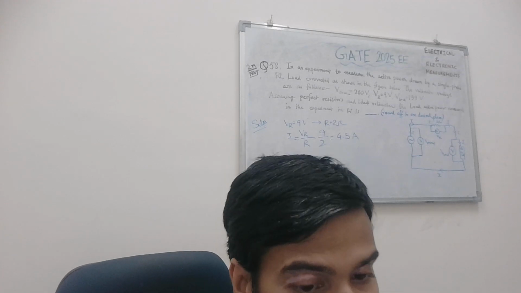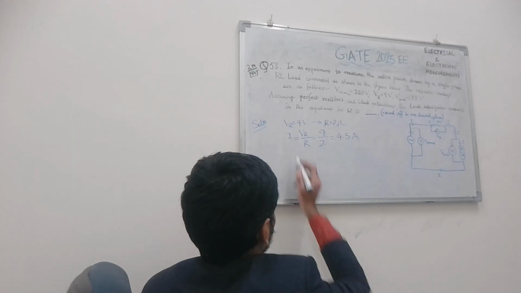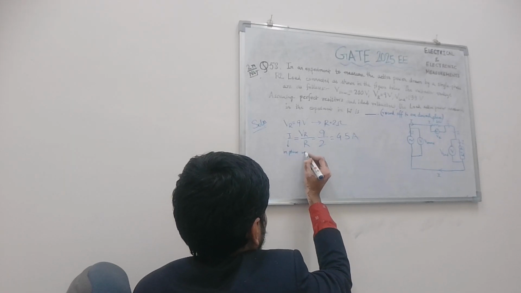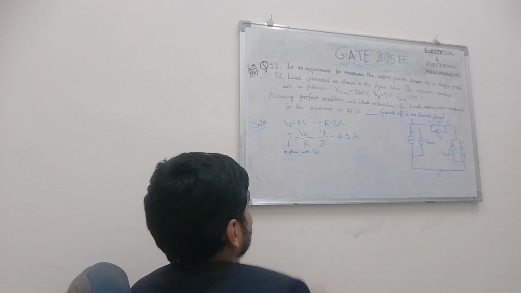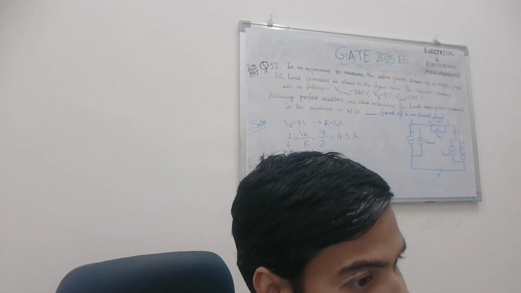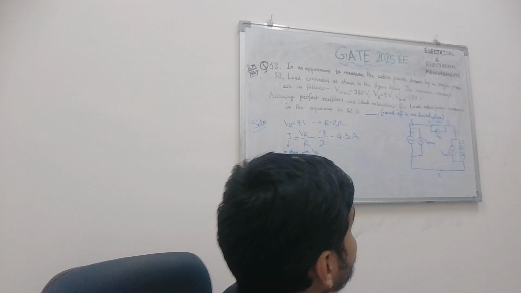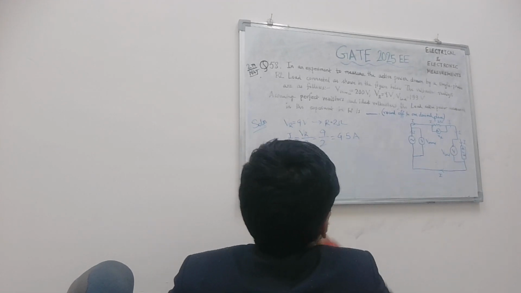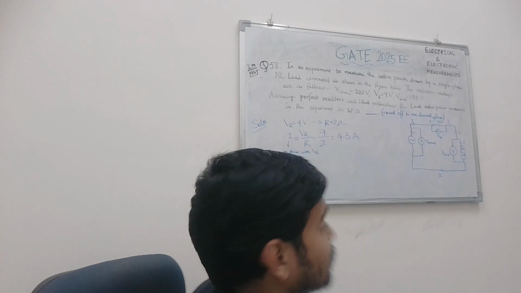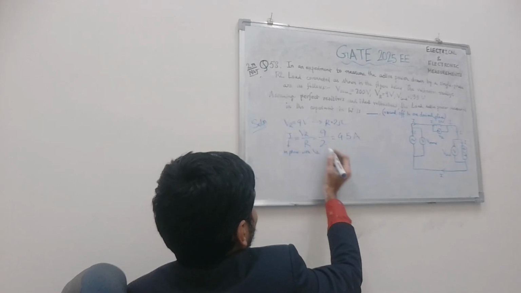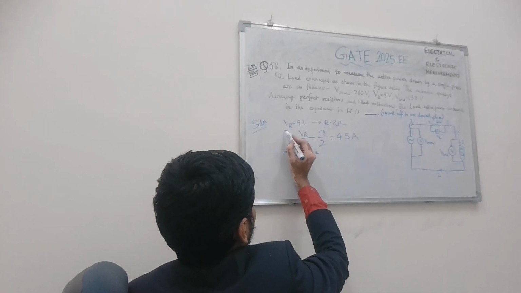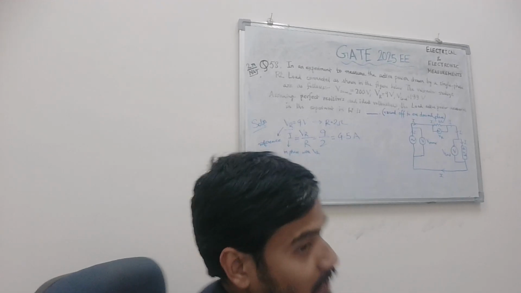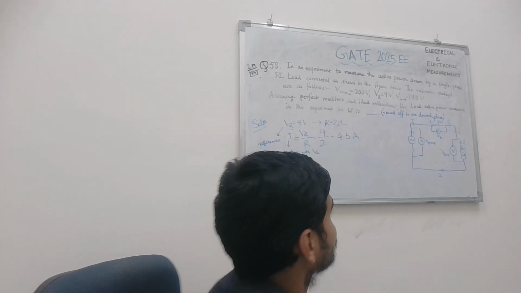Now, for a resistor, the current is in phase with the voltage VR. Now we can find the phase angle difference between the current I and the voltage across the load. How? Let's say this is VR, this is the reference. As it is a resistor, the current will be in phase with it.